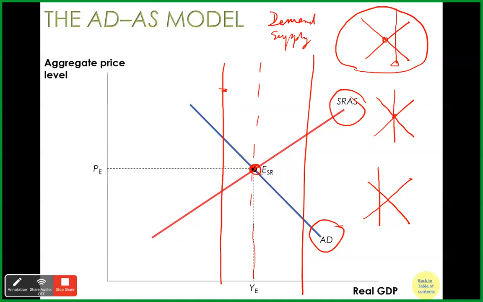By looking at historical data, we find out the pattern is more likely to match a demand shock instead of a supply shock. So that's why we look at demand shock.